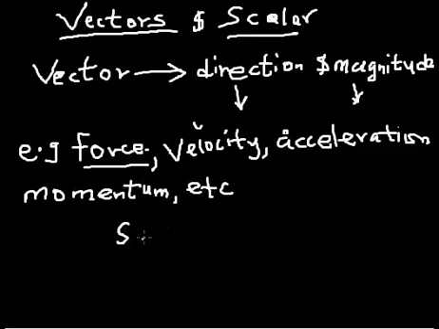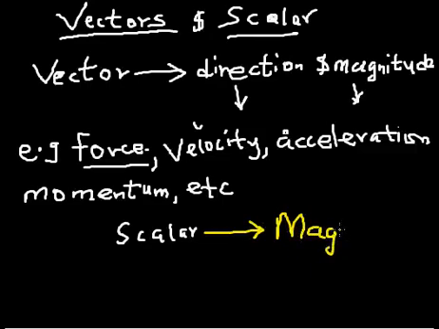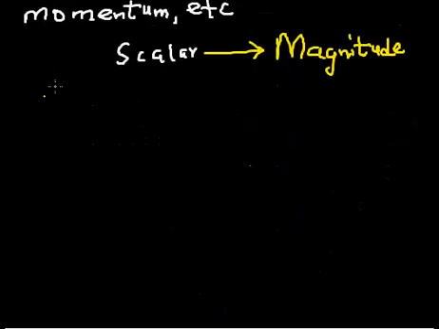But in the case of a scalar quantity, what makes it different from a vector quantity is that it can only be expressed in its magnitude, its size. An example is time.